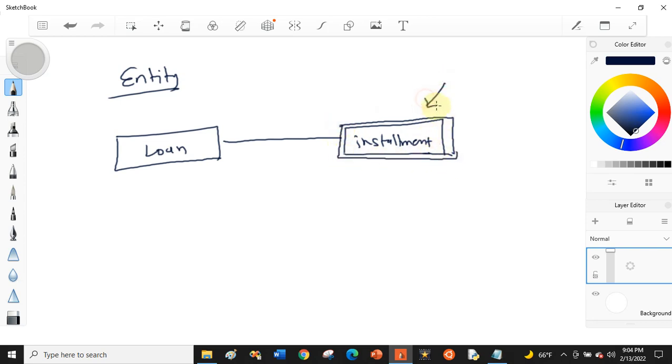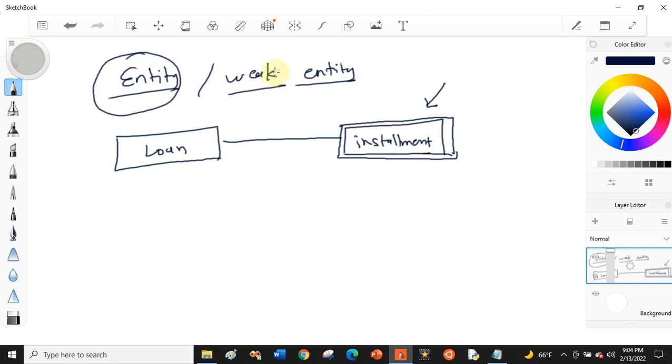Now why it is a weak entity, let's try to understand, so that you will understand entity and weak entity. Both are very simple things, and we have to discuss entirely only entity, but I'm just giving an idea what a weak entity is, so that you can create any diagram later on.